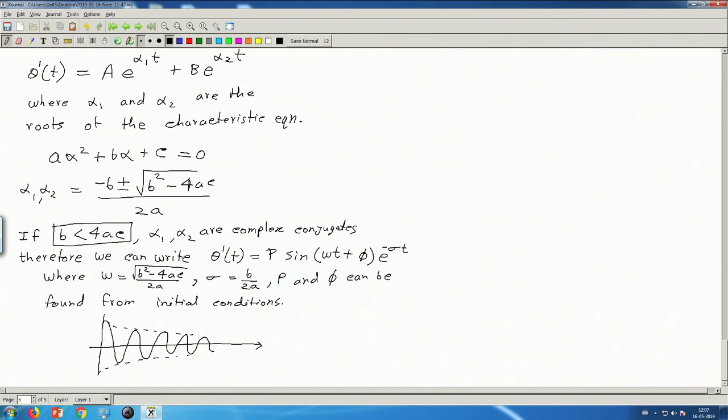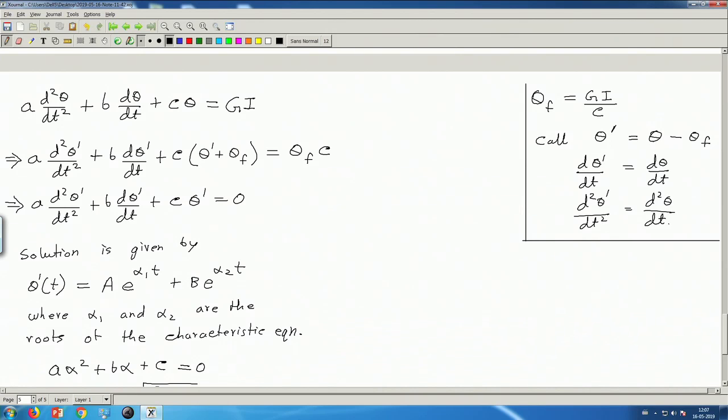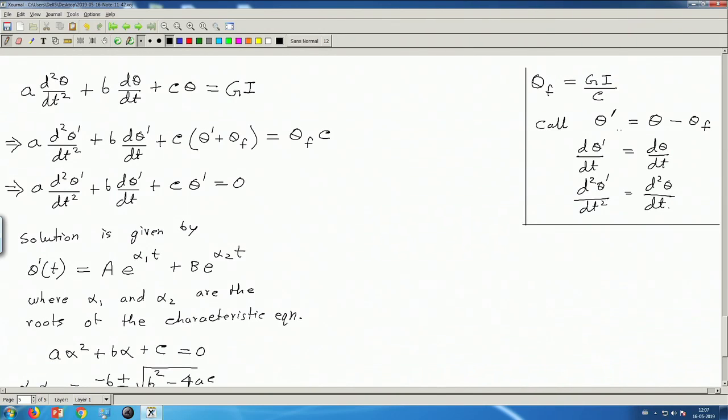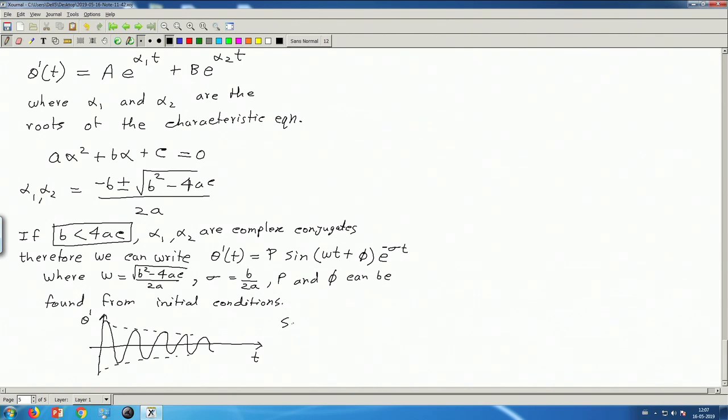So this is theta prime versus t, and we know that theta is nothing but theta prime plus theta f. So if theta prime is oscillating, then theta is just theta prime plus some constant, so theta will also be oscillating. Therefore theta, which is same as theta prime plus theta f, will also be oscillating.